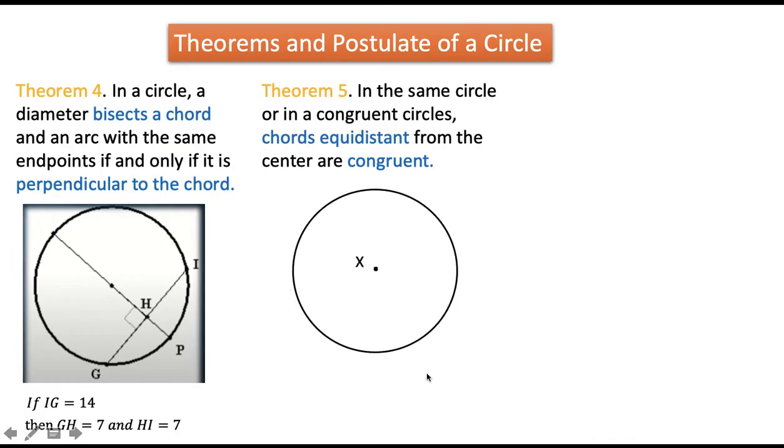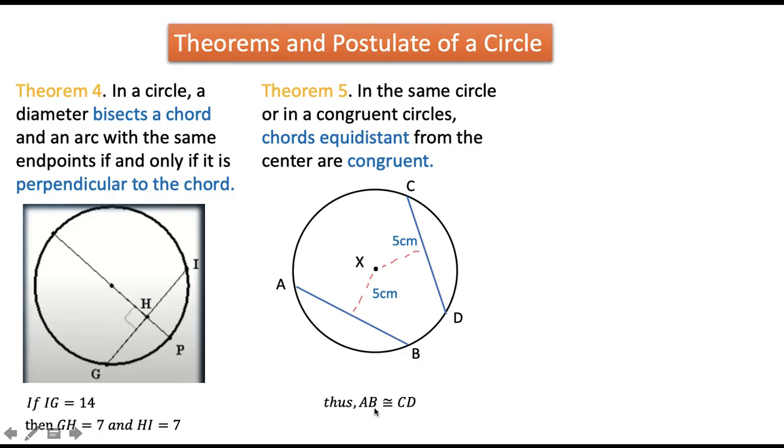So, given this circle X, if there are two chords, chord AB and chord CD, and the distance of chord AB to X is, let's say, 5 centimeters, and similarly chord CD is also 5 centimeters from the center of the circle, then since their distances to the center are the same, the measures of chord AB and chord CD are congruent based on theorem number 5.